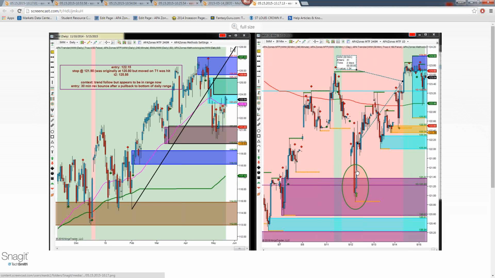IWM. Here I did an entry with a 30-minute playing off the bottom of this weekly consolidation that's happening in this daily zone. I always want to enter off of pullbacks. And when you're dealing with reversal, bottom of the range type of trades, deeper pullbacks into these bigger confluence extremes is what I strive to do.